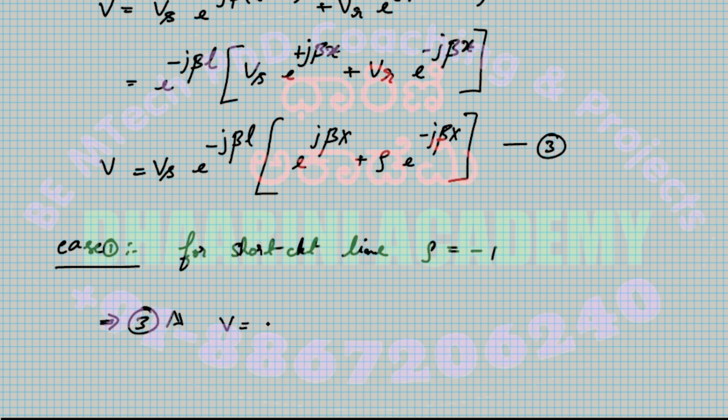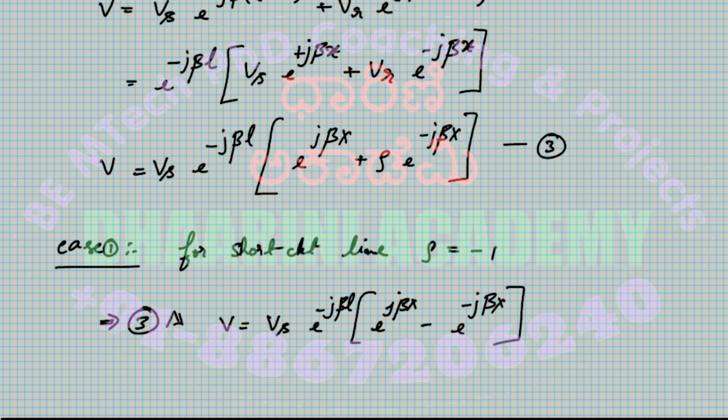That is V is equal to Vs e to the power minus j beta L e to the power j beta x plus minus, because rho is -1, so minus of e to the power minus j beta x.